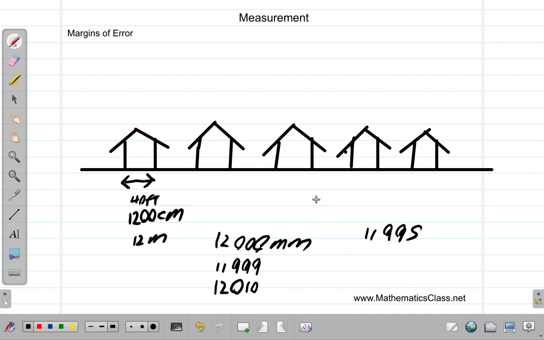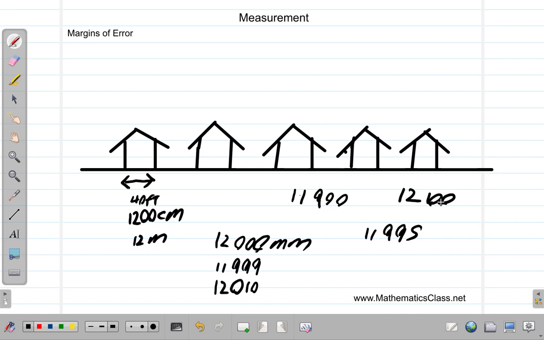Now, you have some standards, and you say, all right, we know they're not going to be exactly 12,000 millimeters, but we're going to be careful enough so that none of them should measure less than 11,900 millimeters, and none of them should measure more than 12,100 millimeters.